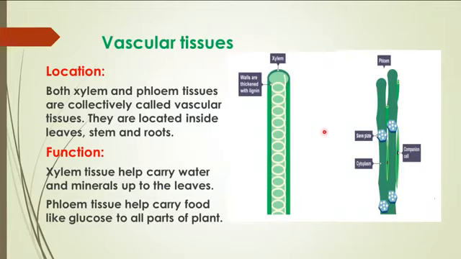It carries water from the roots to upper parts of the plant, while phloem is two ways. It carries food from leaves up to the flower and from leaves down to the roots.